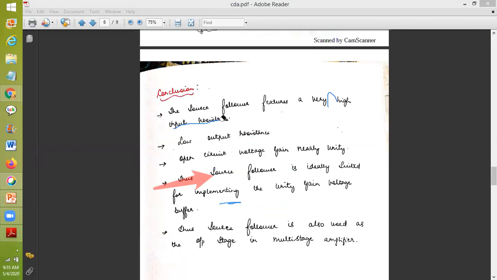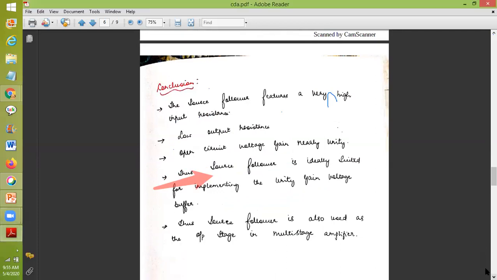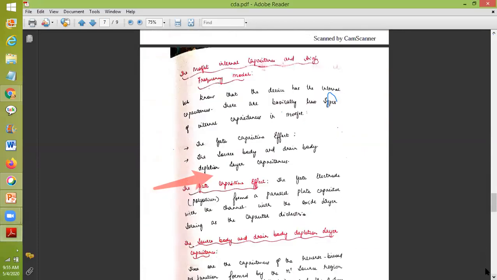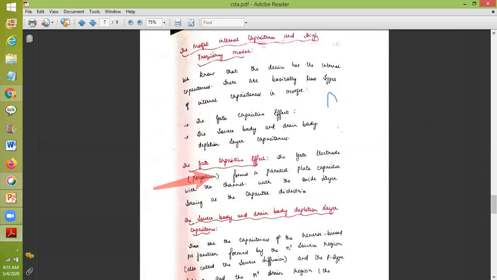So the next part of the syllabus is the high frequency model. Very important. We are starting with a new topic, and this will be a sure question: MOSFET internal capacitance and high frequency model. Please mark it important. What does this mean?